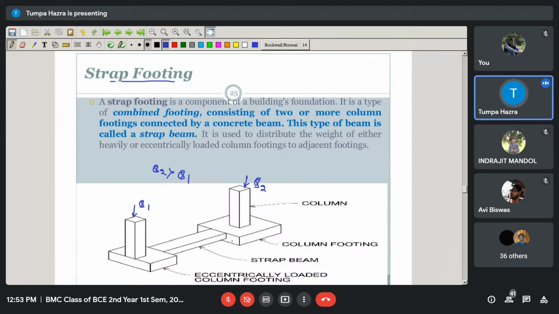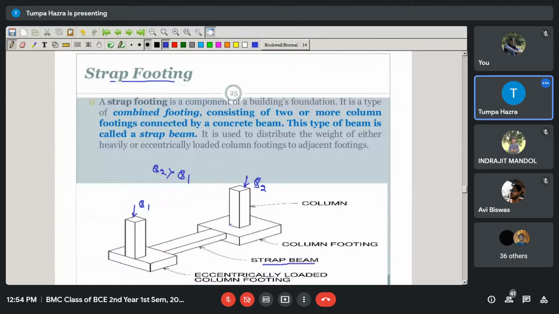This beam, also known as the strap beam, is not in contact with the soil, so it is not carrying load to the soil, and it is infinitely stiff.